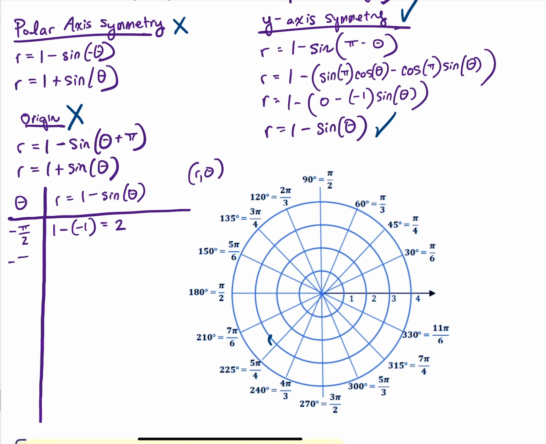So let's take negative pi over 3. That would give us 1 minus negative root 3 over 2, which we'll need to do some decimal rounding here, but that's approximately 1.87. Then we can try negative pi over 6. So that will give us 1 minus negative 1/2. So 1 plus 1/2, that's 1.5.